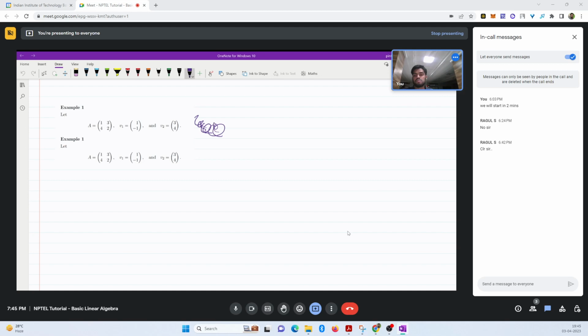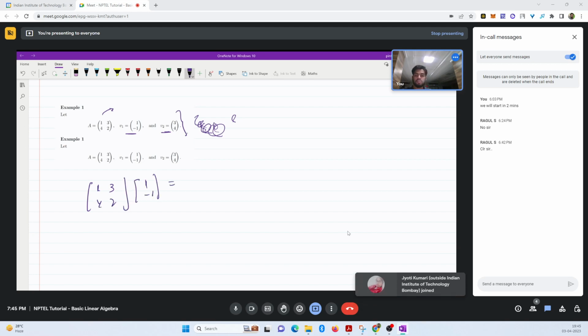Okay, so this was the example that I solved initially. We have a matrix A given, and we were asked to check whether V1 and V2 are eigenvectors or not. We ended up finding that these two are indeed eigenvectors. With eigenvalues, I'll just calculate. The matrix is 1, 3, 4, 2 times 1, minus 1, so this would be minus 2 and this would be 2.